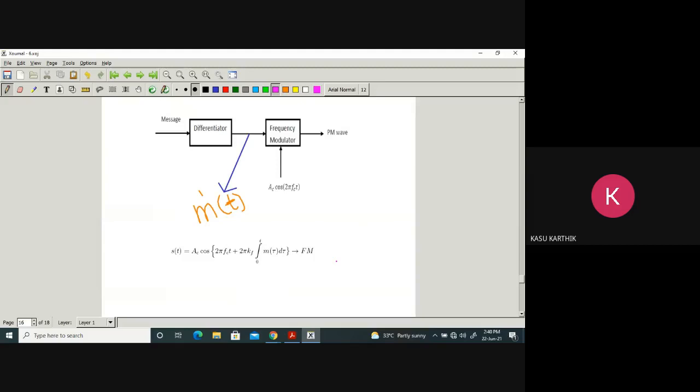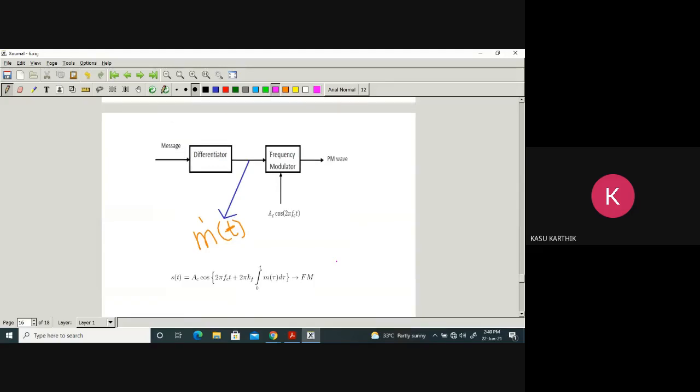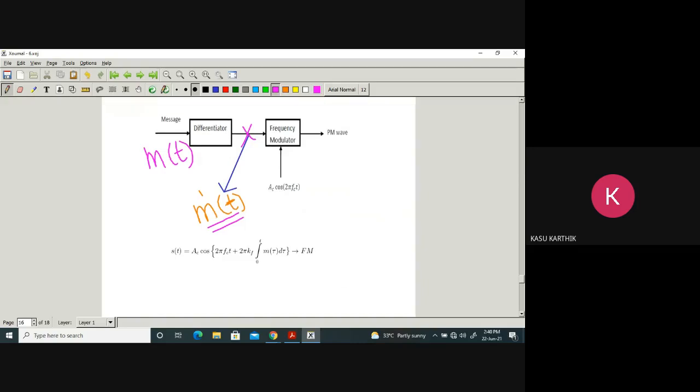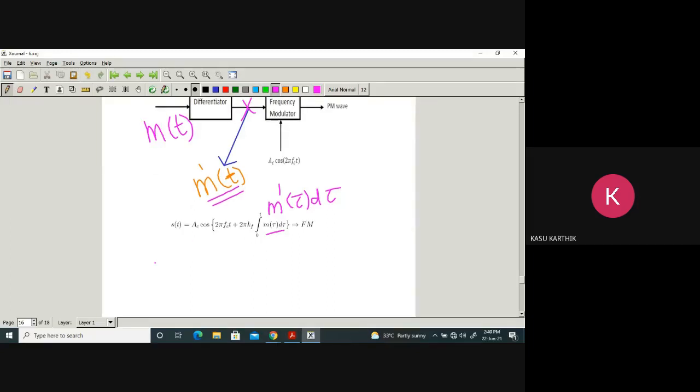But I am not applying m of t directly. I am taking m of t and differentiating it, so you get m dash of t at this point. Now you apply m dash of t to the frequency modulator. Integration and differentiation will cancel each other.